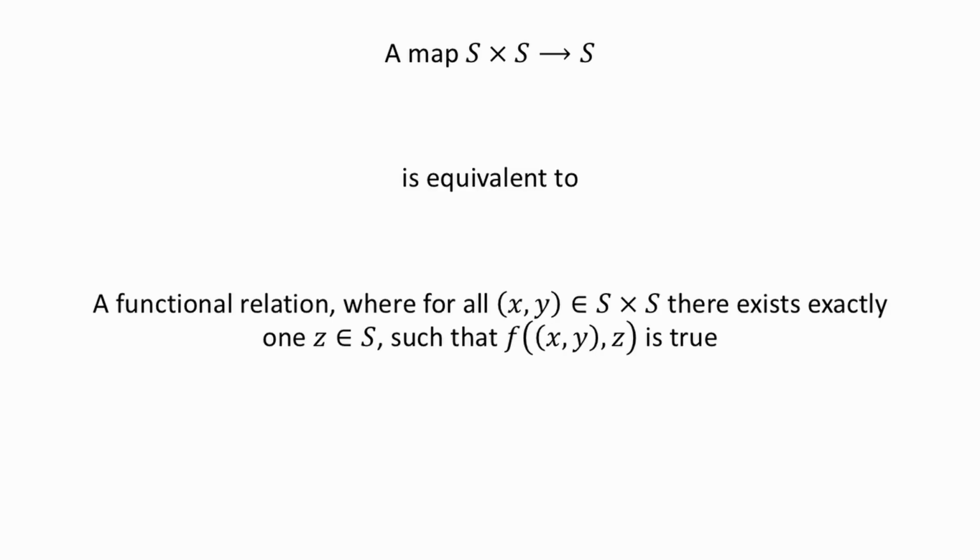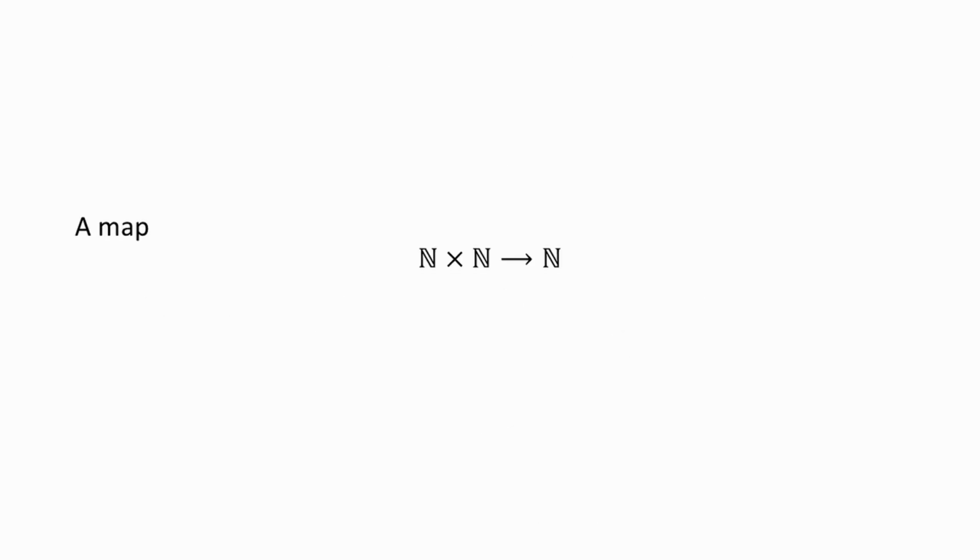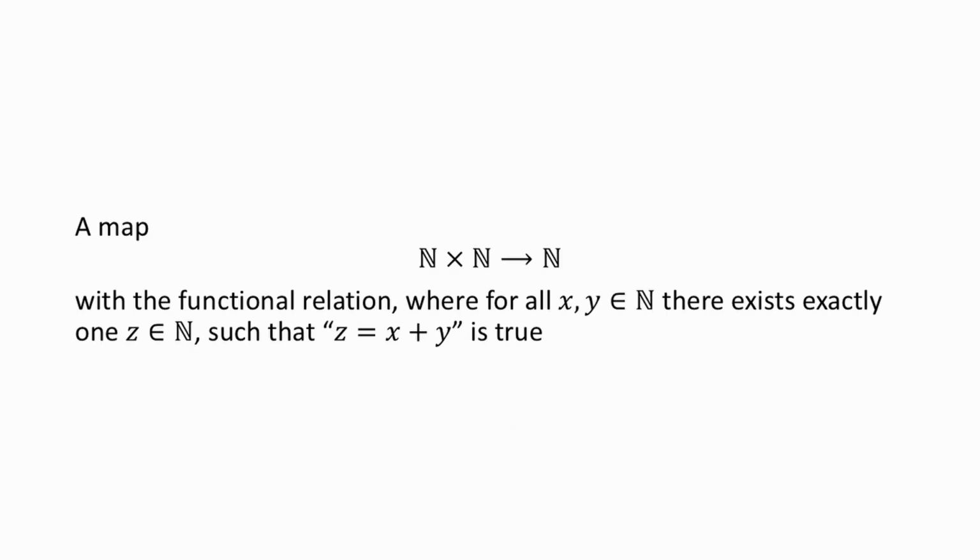Certainly we can write this as a functional relation f of a tuple x, y and z, or even a function z equals f of x and y. But if I replace S with natural numbers and the relation as z equals x plus y, then instead of calling it a function, we tend to call it an addition. And this is the reason why we generally call it a map rather than categorize everything as a function.